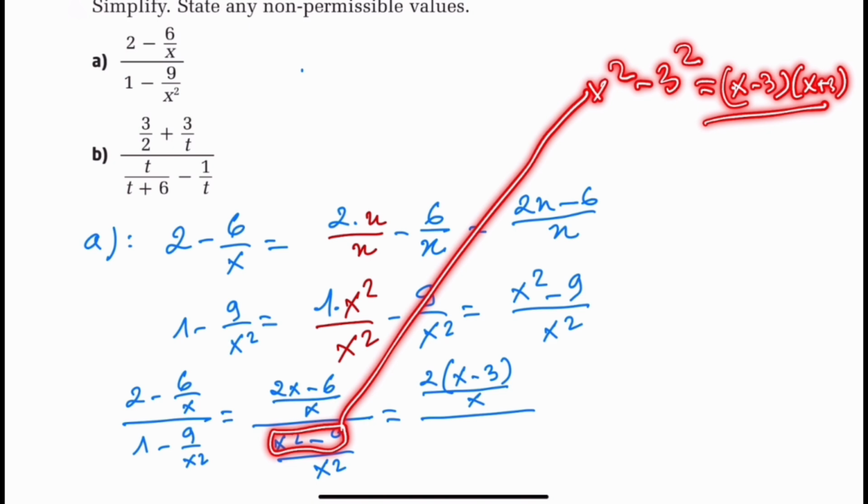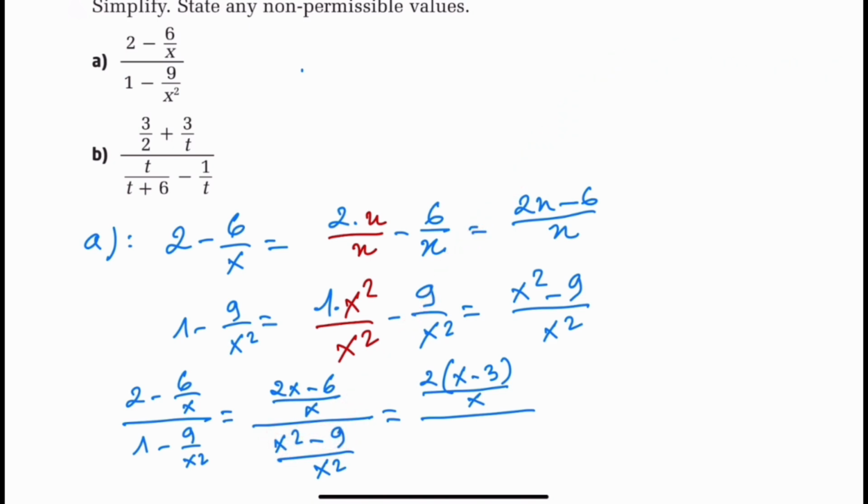So I will write it here as x minus 3 times x plus 3 divided by x squared.